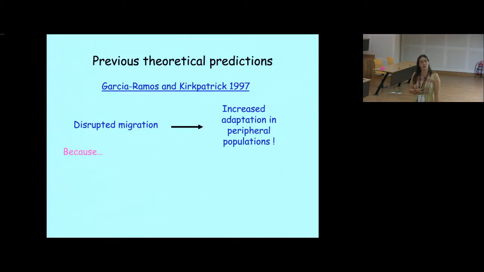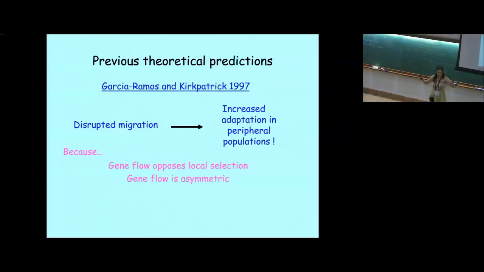And the reason why is the same as described in the previous model: gene flow, introducing genes that were selected from the center, would oppose local selection at the margins, and there will be asymmetric gene flow because the populations in the center are bigger and populations on the margin are smaller, so the populations at the margin receive more genes from the center than the center receives genes from the margin.